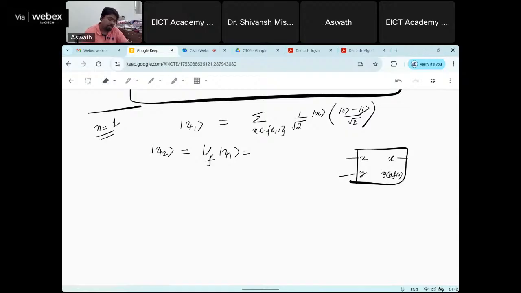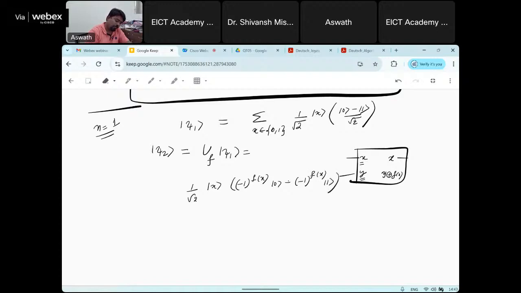So you can pick the case of x being 0, y being 1, and the output would look like 1 by square root of 2, minus 1 to the power of f of x, 0, minus 1 to the power of f of x, 1.